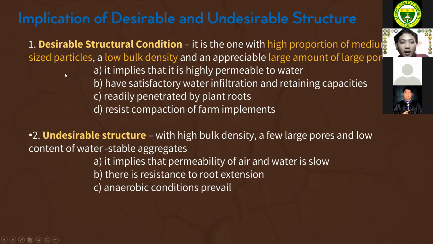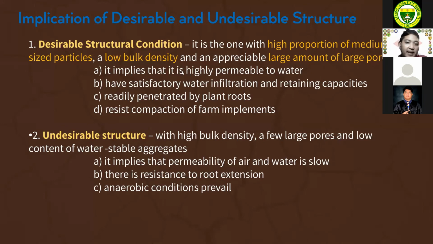So yung ating desirable soil structure, dapat medium-sized lang yung kanyang particles, like yung meron tayo sa crumb or yung sa granular natin. So it has also low bulk density. Dapat may pore spaces yung soil natin. Dapat hindi compacted. And also a large amount of large pores.